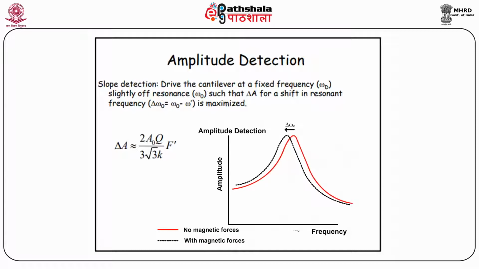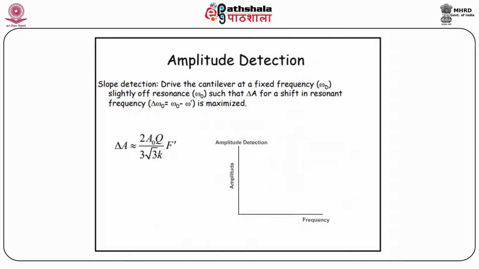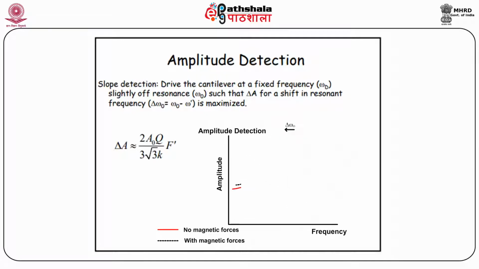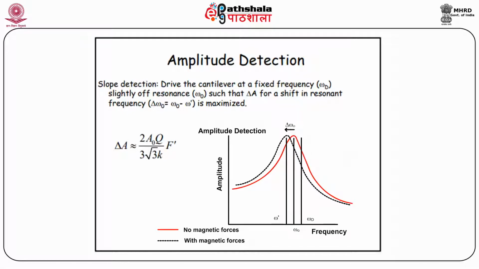Slope detection here means you drive the cantilever at a fixed frequency, W0, slightly off resonance, such that delta A for a shift in resonant frequency, which will be W0 minus W dash, is maximized. This can be calculated with the help of a mathematical relation which has been given here.